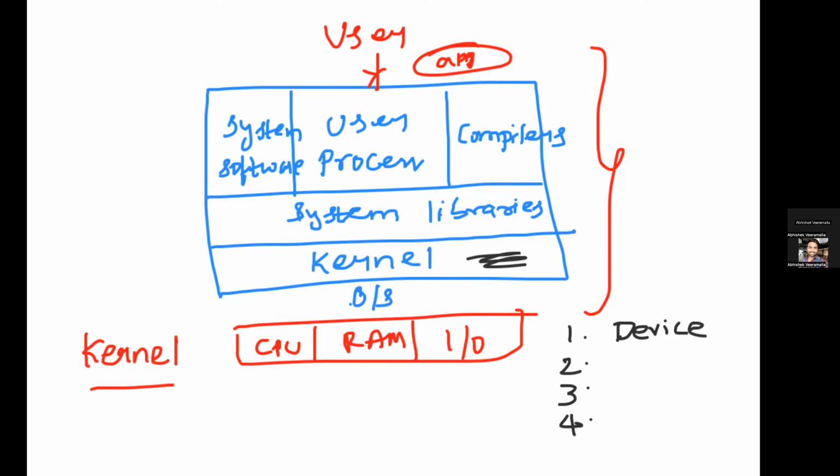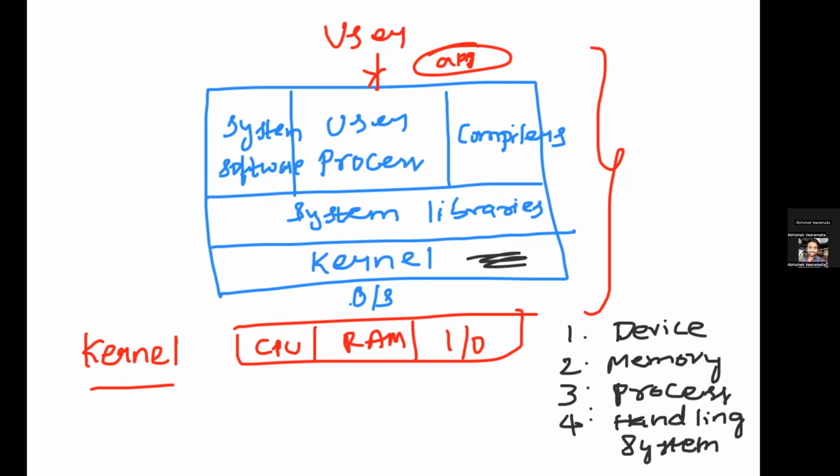The kernel is responsible for memory management, then process management, and finally it is responsible for handling your system calls. For any operating system, these are the key aspects handled by your kernel: device management, memory management, process management, and handling the system related calls.